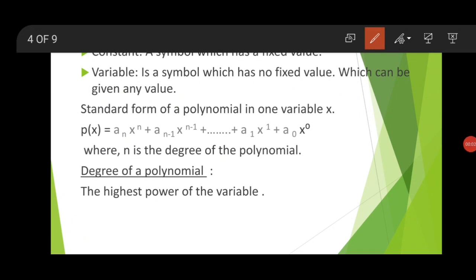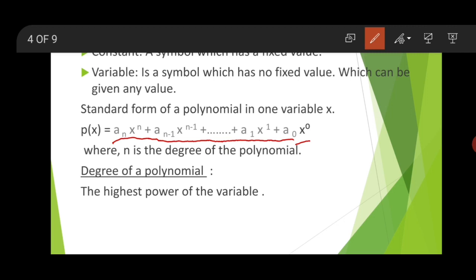The standard form of a polynomial in one variable x is given by p of x, which means any polynomial with variable x is given by p of x is equal to an x power n plus an minus 1 x power n minus 1 plus so on plus a1 x power 1 plus a0 x power 0.